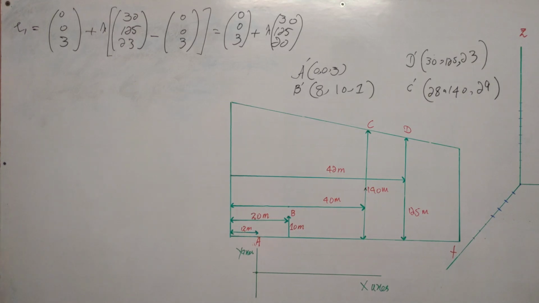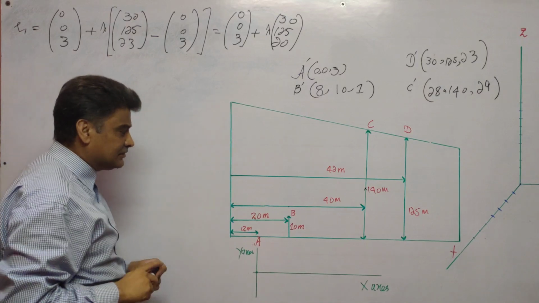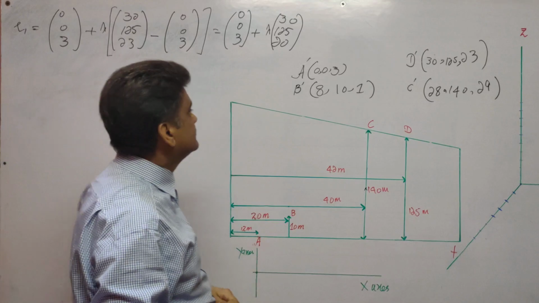Similarly, we will find the equation of the second beam of light. The second beam of light passes through B prime and C prime.